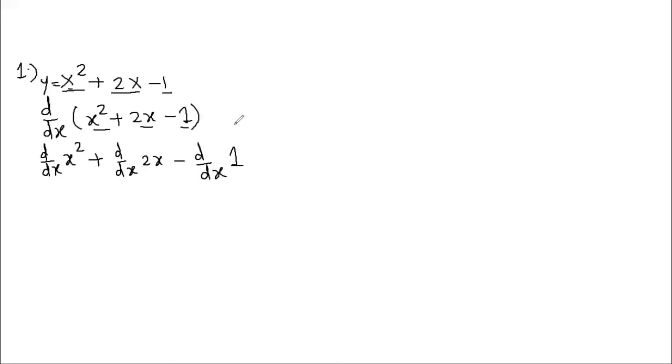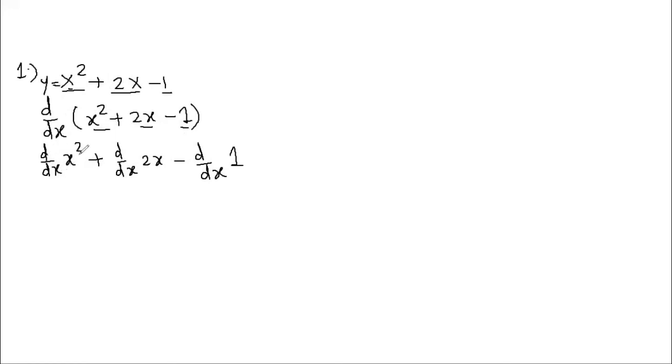Even if more terms come, I will do it with more of them. So this question was given as a quadratic polynomial with 3 terms. That's why I separate each term by applying the differentiation sign. Now, I think this question is easy for you.